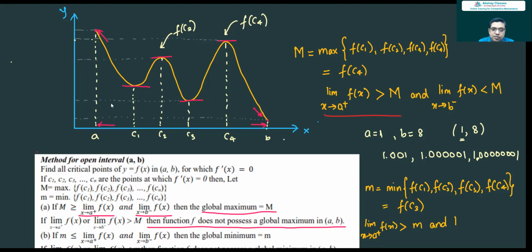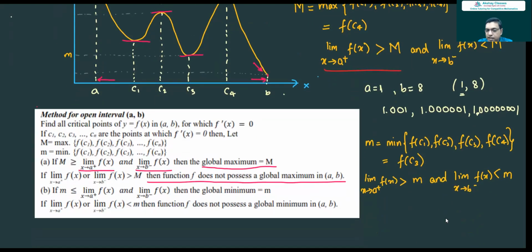However, this value, this is small m, this is capital M. Now this value small m is greater than the limit as x tends to b minus of f of x. So this is the least value. So least cannot be defined again. So which will be the least?